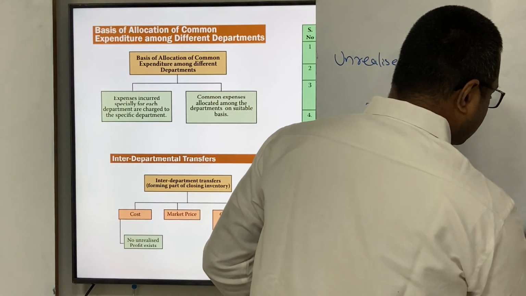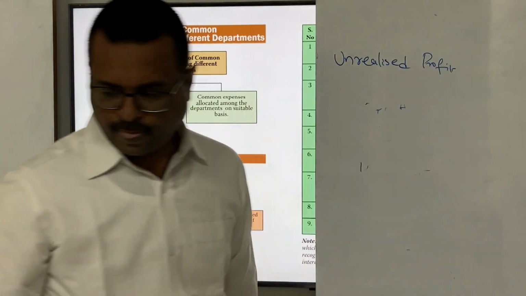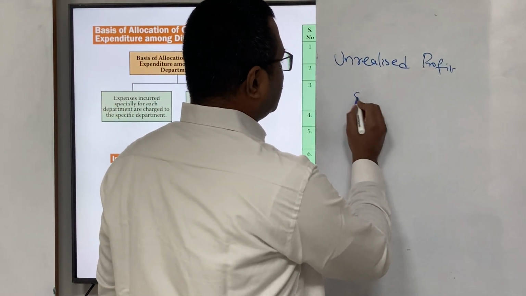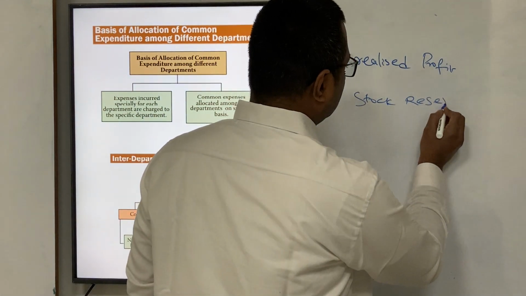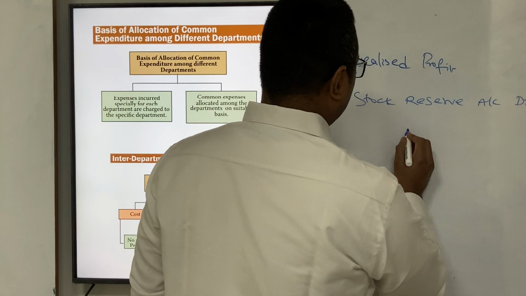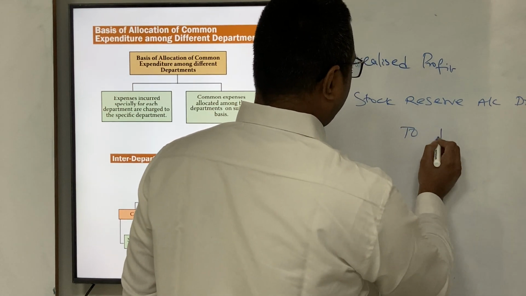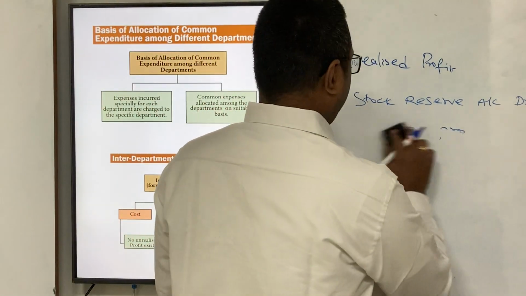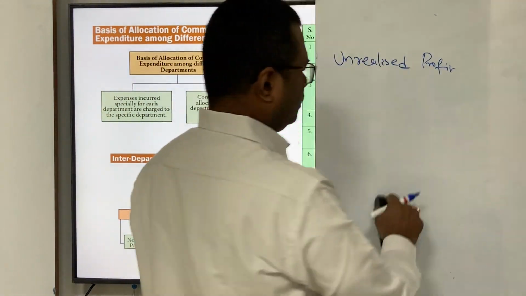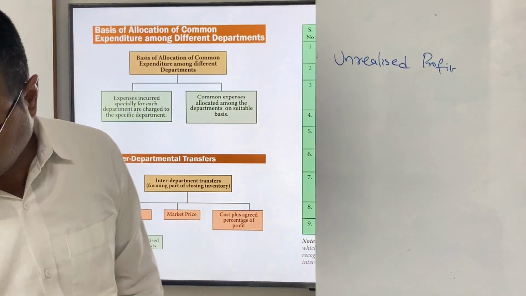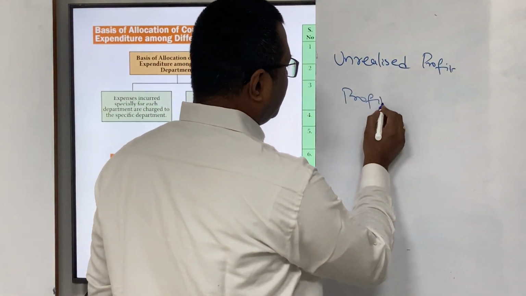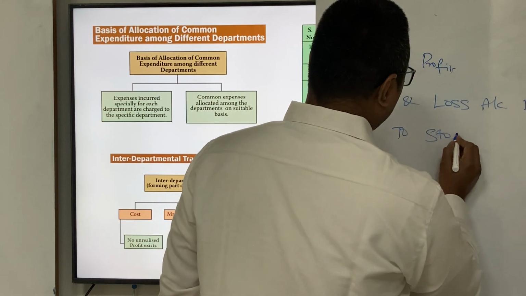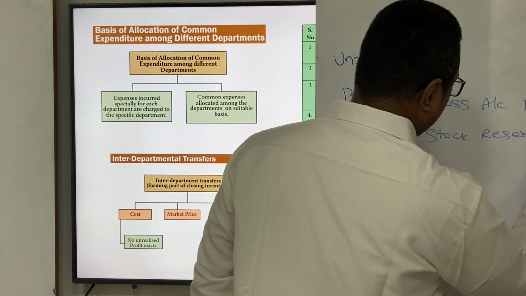One is at the year end, and one is at the beginning of the next year. At the year end, the first entry will be profit and loss account debit to stock reserve account.